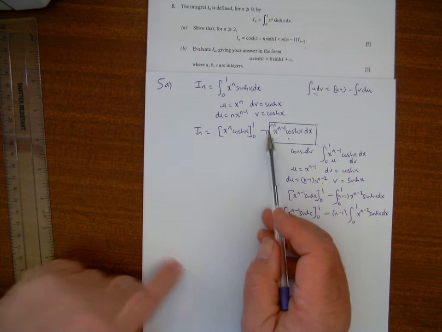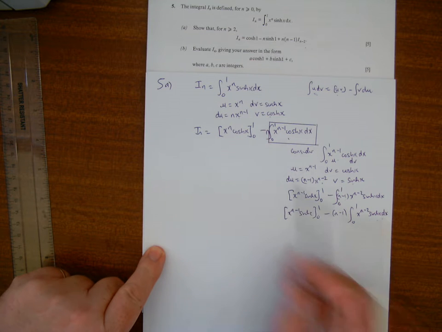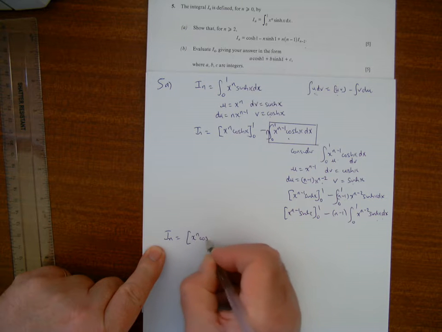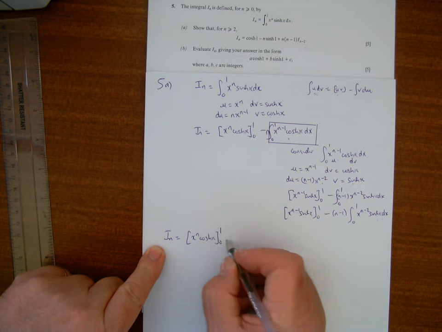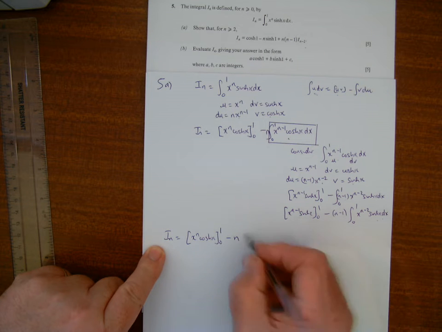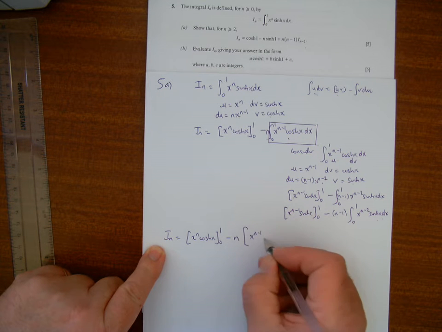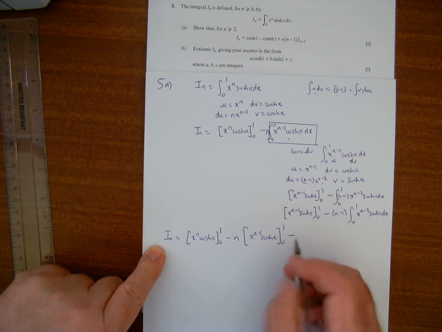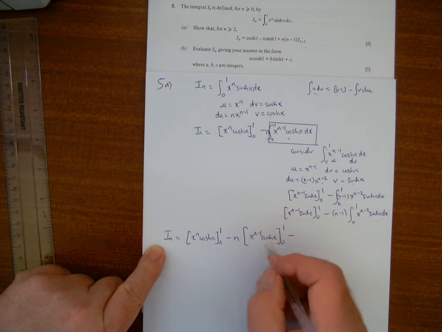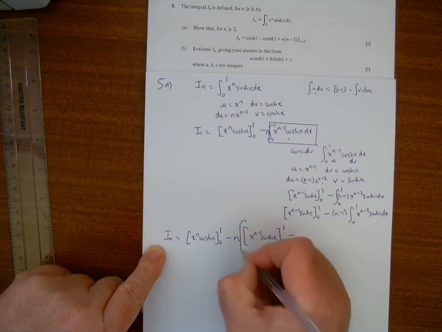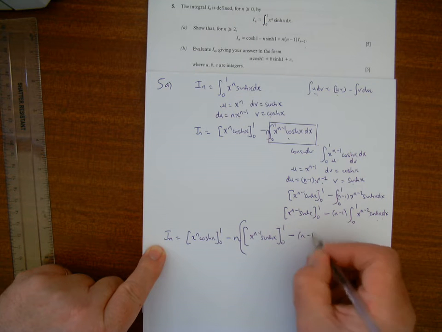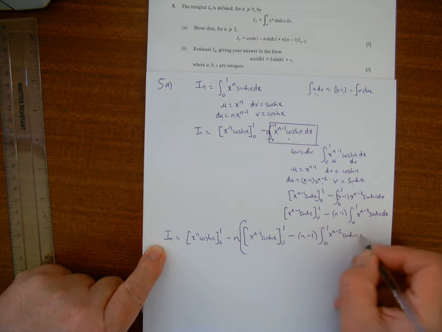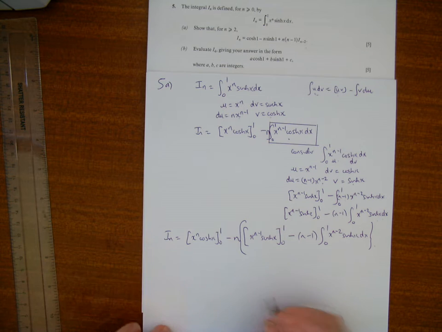So I now need to come back to here and multiply all of this by the n. So I've got I_n is x to the n cosh x from 0 to 1 minus n times x to the n minus 1 sinh x from 0 to 1 minus, and this is a full bracket there, n minus 1 integral from 0 to 1 of x to the n minus 2 sinh x dx.